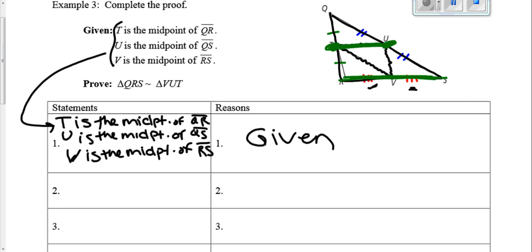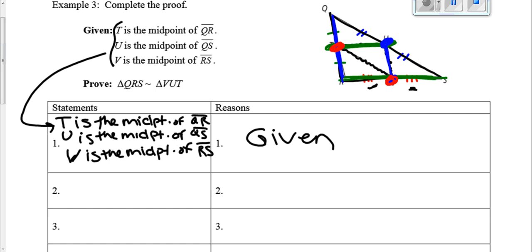Likewise, UV is formed by the midpoint U and the midpoint V. So therefore, UV is 1/2 the distance of this guy. And last but not least, oh, I can't even read my markings anymore. TV, which you probably would all rather be watching right now.